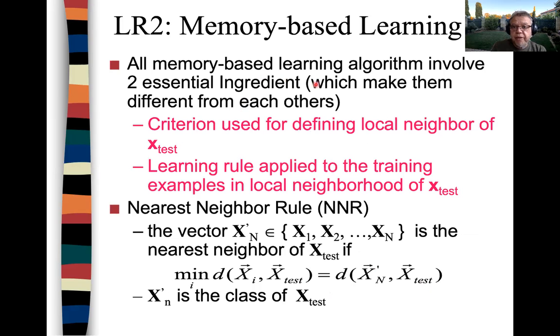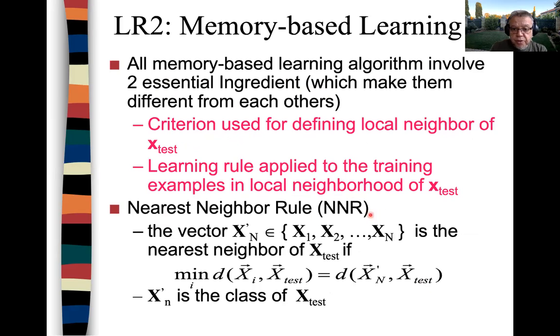All memory-based learning algorithms involve two essential ingredients which make them different from each other. The first one is the criterion that is used to define the local neighborhood of X test, for example, the nearest neighbor or the 5 nearest neighbors, and we're going to see some examples. The second is the learning rule applied to the training examples in the local neighborhood of X test. We'll explain that in a second.